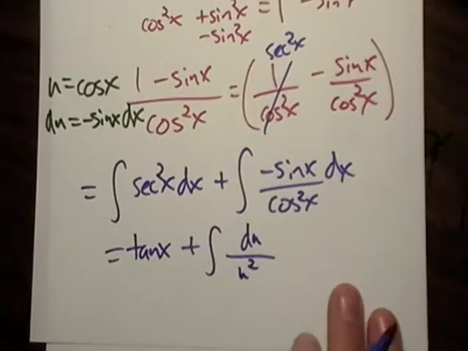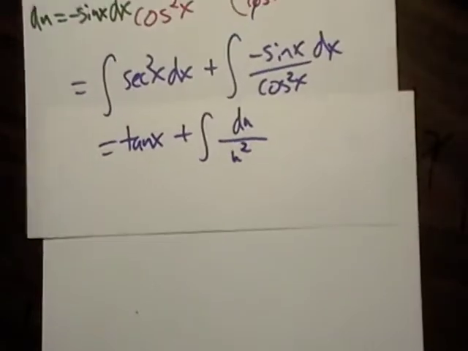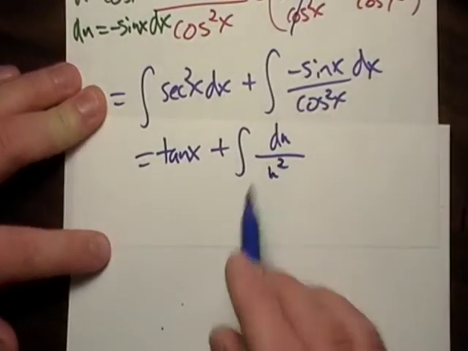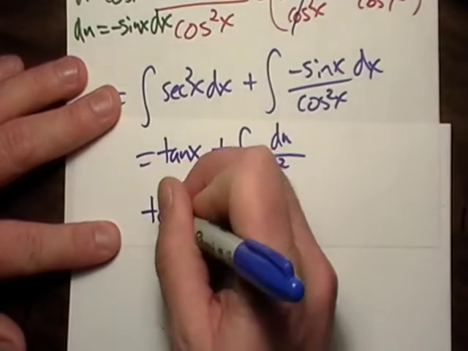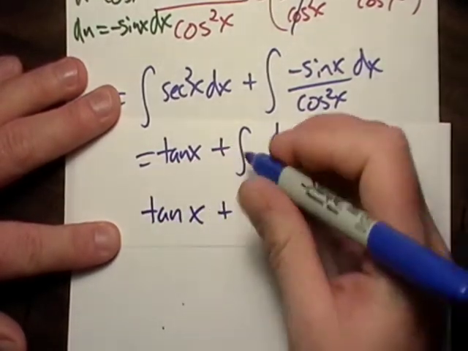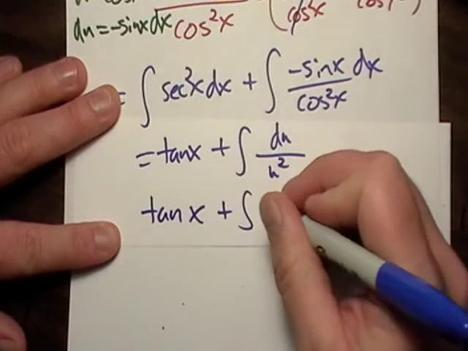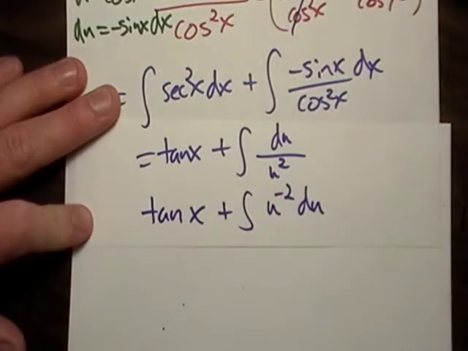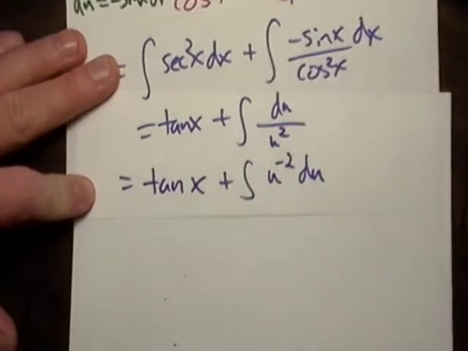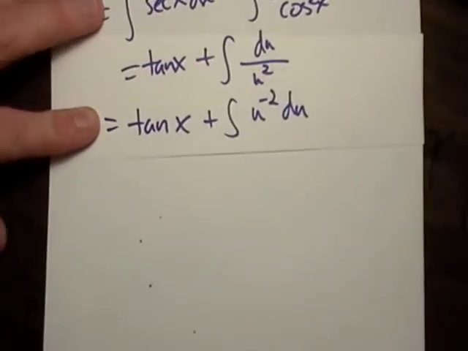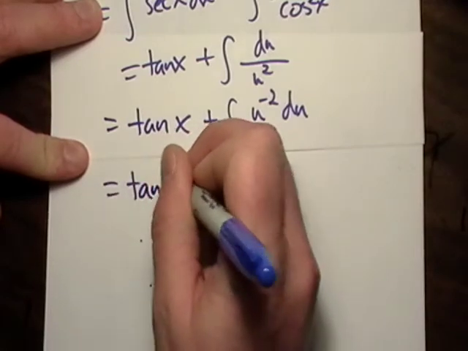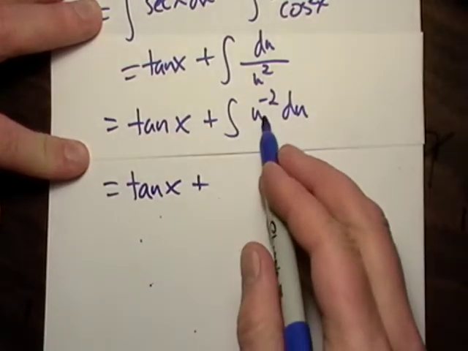Okay, moving on, using a little scratch paper, nothing big. Let's rewrite this: tangent x plus the integral of u to the negative 2 du. This is going to simplify a little further. Let's just use our power rule there.